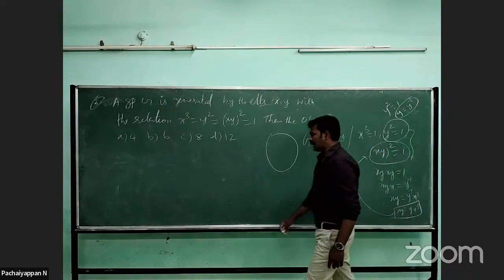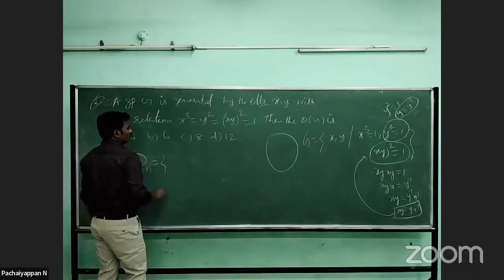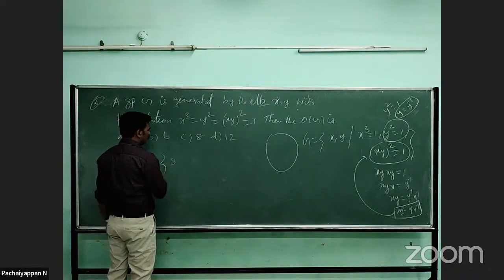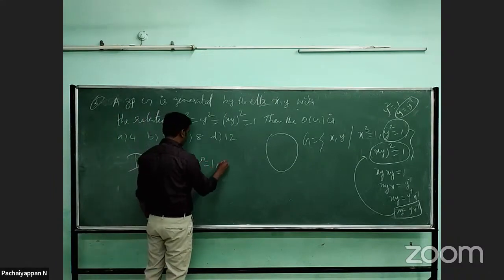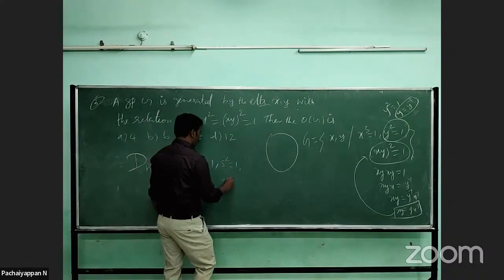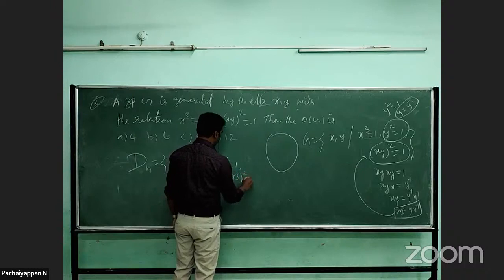Okay, anyway, I will write Dn, the set of all R and S such that R power n equal to 1, S square equal to 1, (RS) whole square equal to 1.